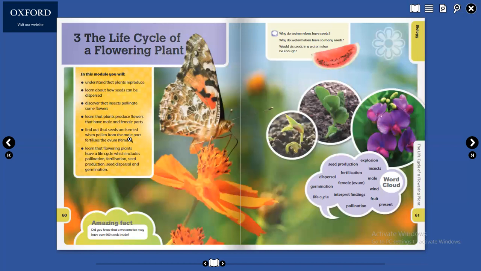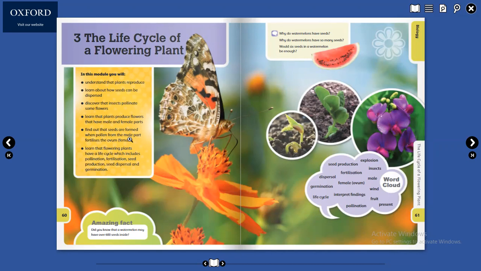Seed production, explosion, fertilization, insects, dispersal, male, female ovum, wind, fruit, present, pollination, interpret findings, life cycle, germination. Okay, who did not read?